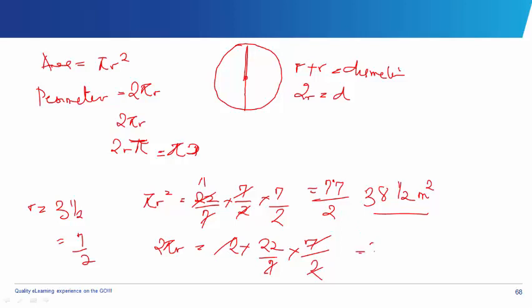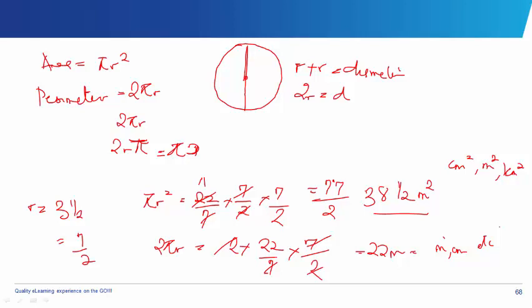I want our perimeter to be 22 meters. Now also note that the area is given in square, could be centimeter square, meter square, kilometer square, etc. But the perimeter or the circumference just comes in meter, cm, etc.